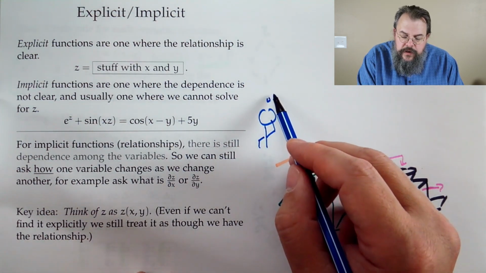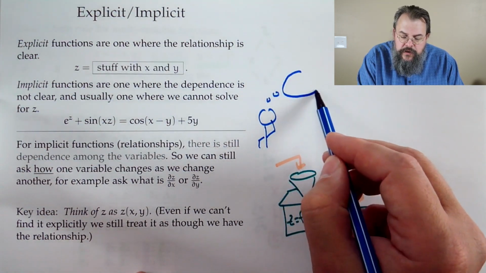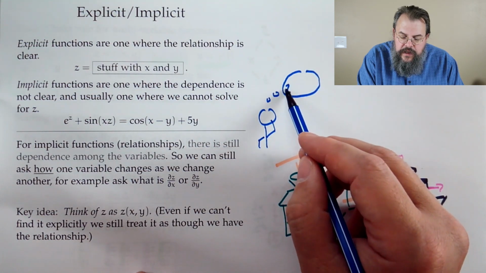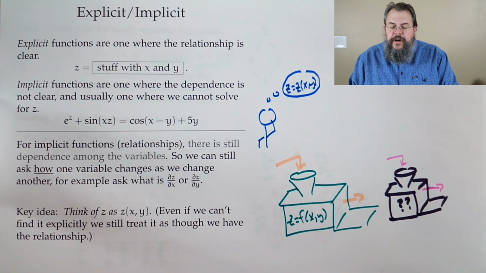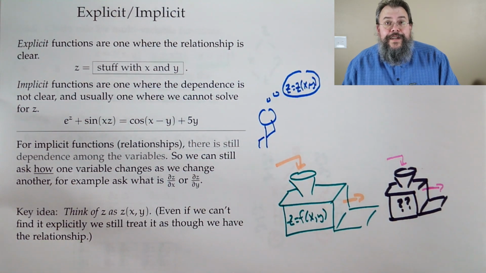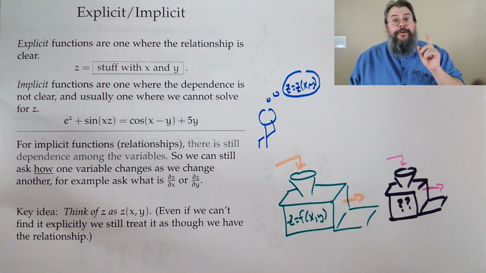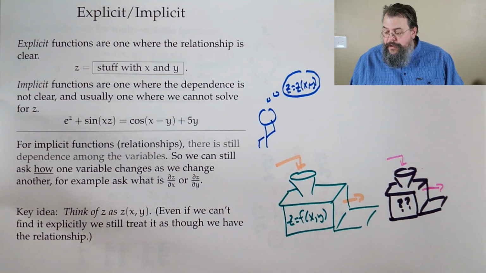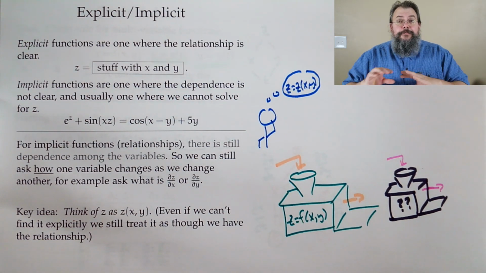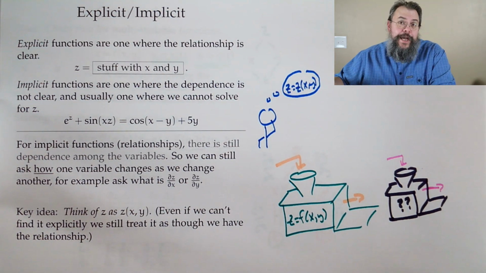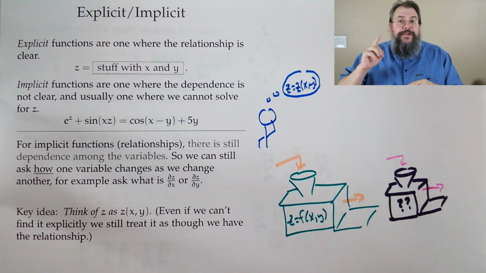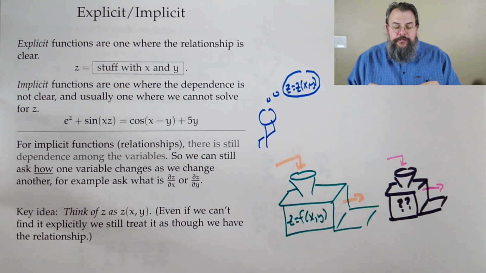I don't know what z is, but I'll pretend like I do. I don't know what's inside that black box, but I'm going to act like I could. Regardless of what is actually there, I'll say, aha, I can do it, and I'm going to always think of z as a function of x and y.